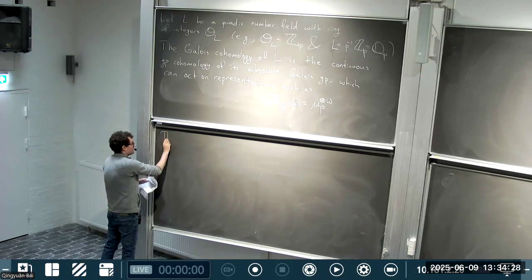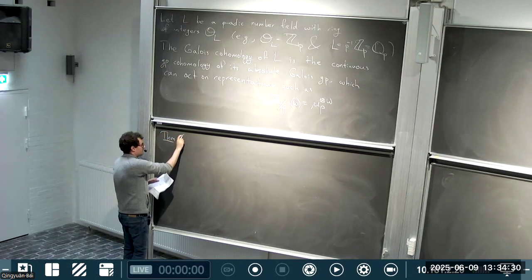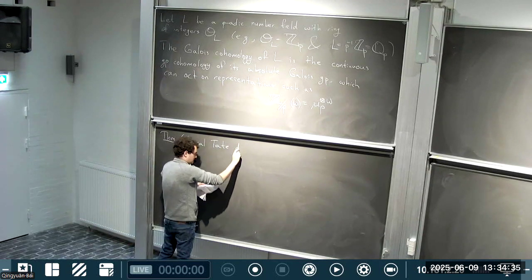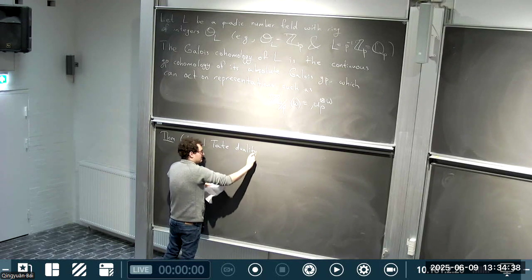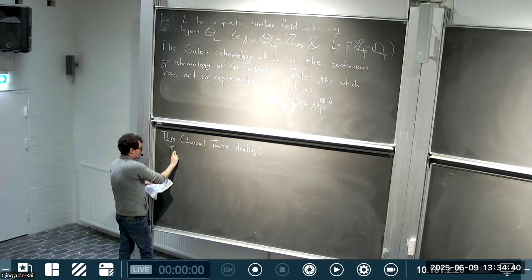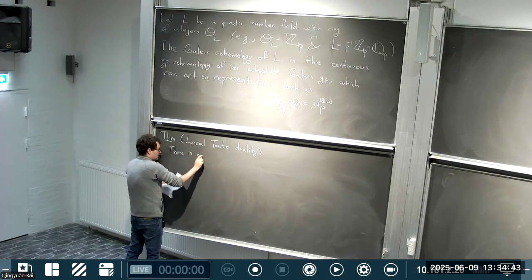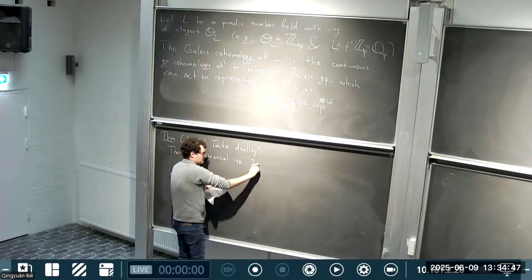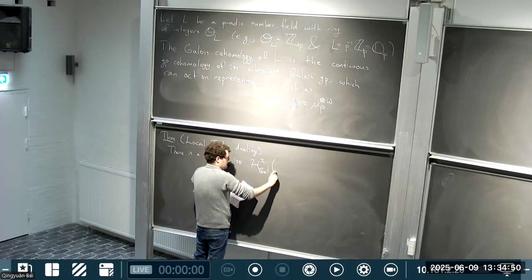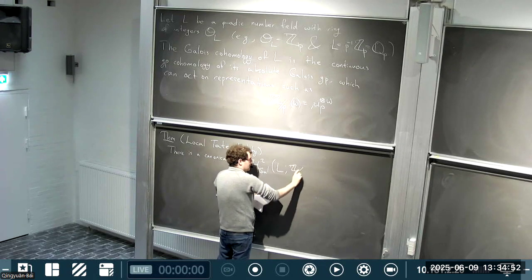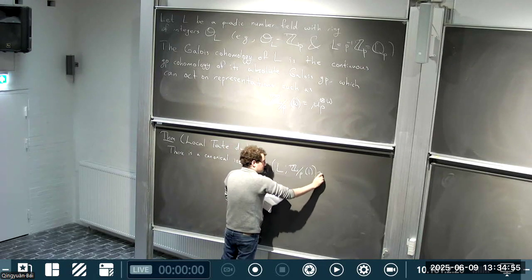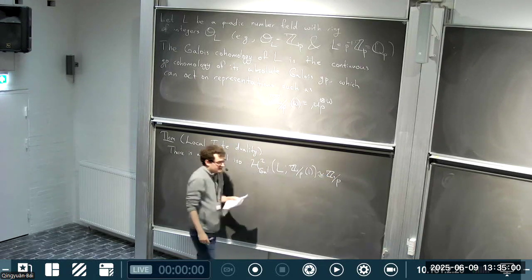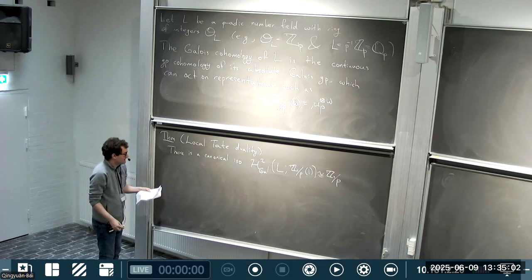There's a theorem about Galois homology in this context. It goes back to Tate. So there is a canonical isomorphism to the second Galois homology of Z/p, which is implemented by the Hasse invariant.